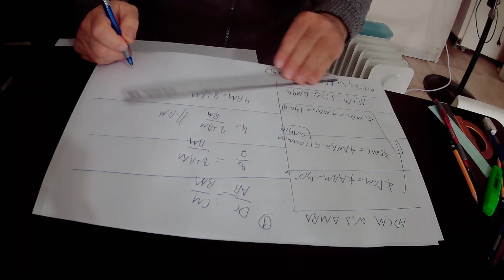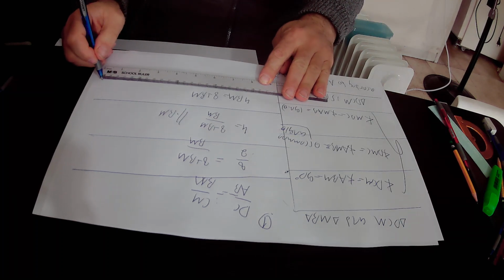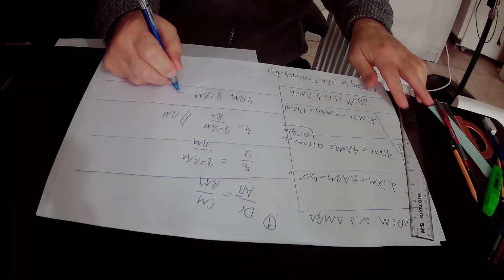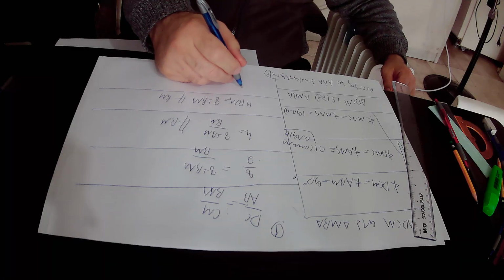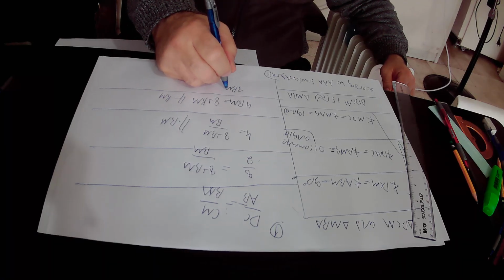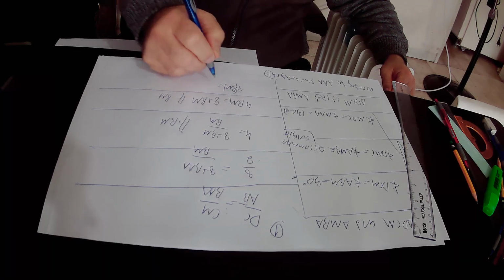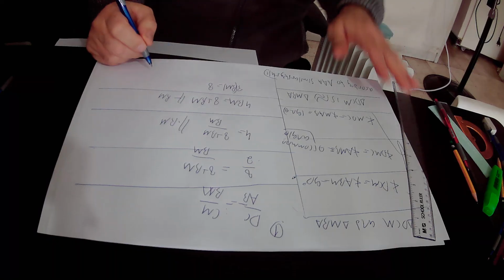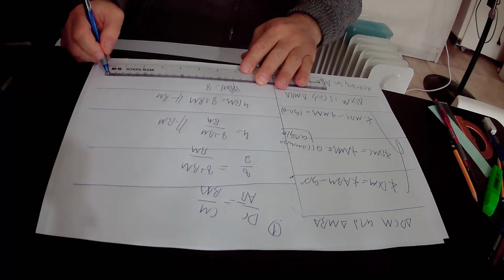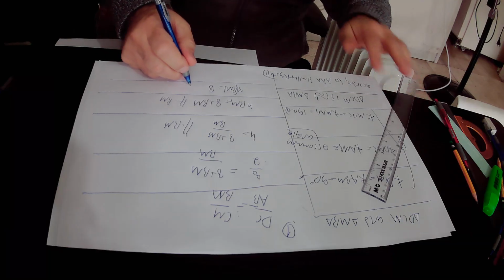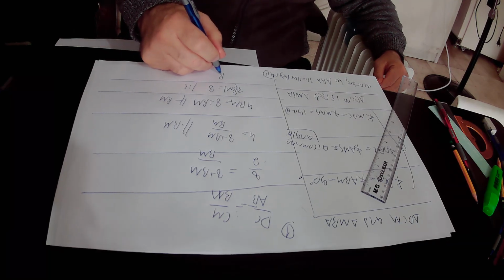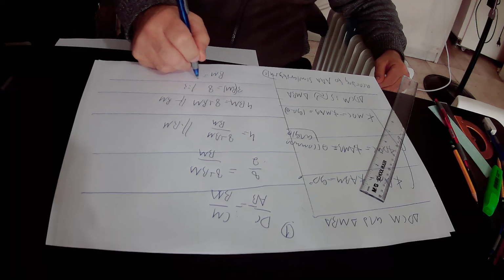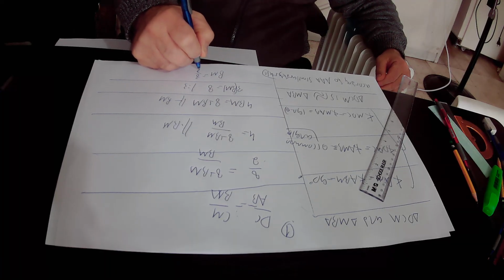Here we will subtract BM from this equation, and we will get that 4BM minus BM, which is 3BM, equals 8. So here we will divide this equation by 3, and finally we will get that BM equals 8 over 3 units in length.